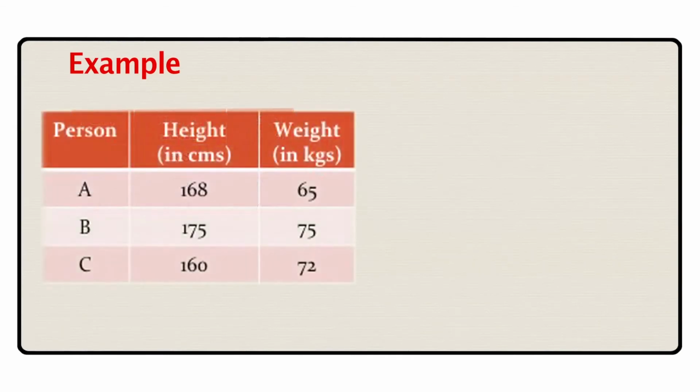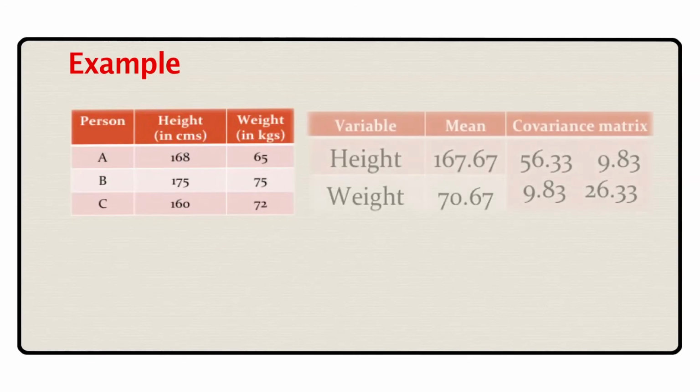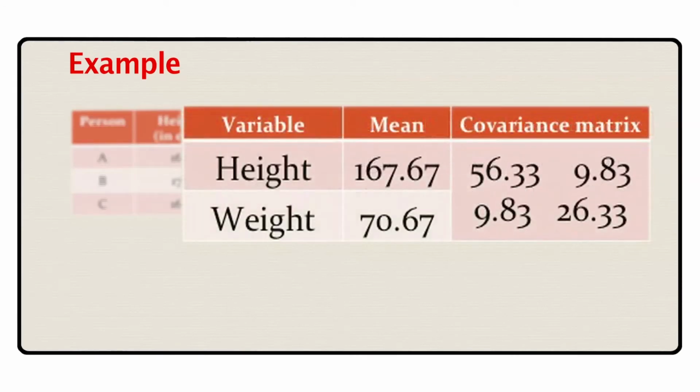There are other methods, but before I come to that, let's have a look at how to calculate the Mahalanobis distance. We'll go back to the same problem. And what we need to do is, first we need to calculate the mean heights, which is 167.67, and 70.67.